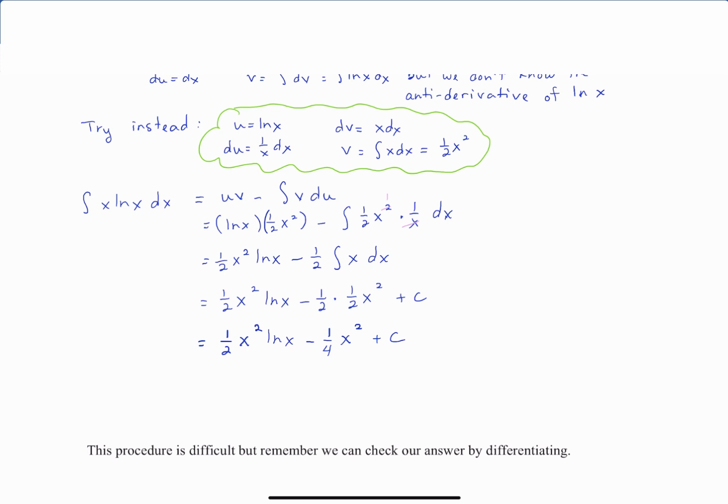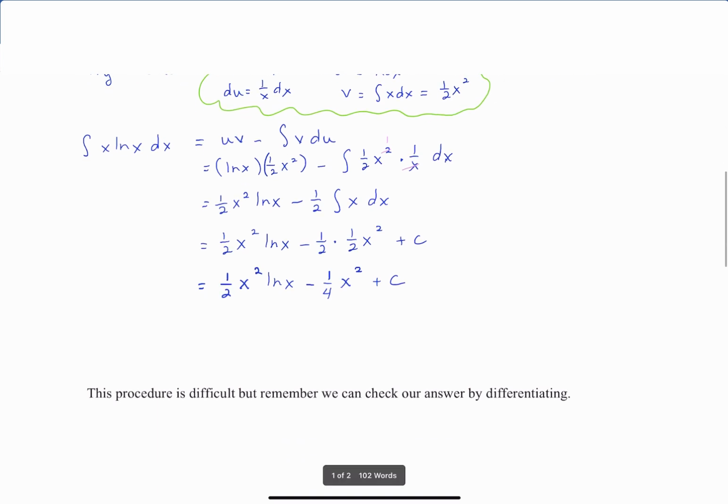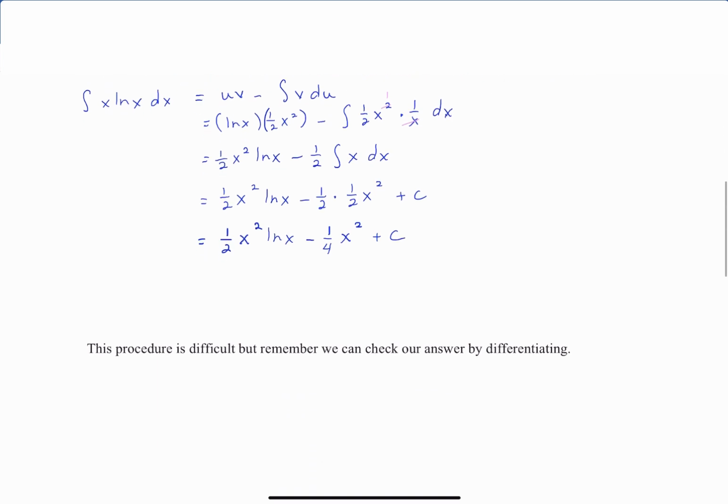Now, these integration by parts problems are really tough, but remember, you can always check your antiderivative by differentiating. So if we're correct in saying that the indefinite integral of x ln of x is this stuff, then if I differentiate this stuff, I should get the x ln of x.